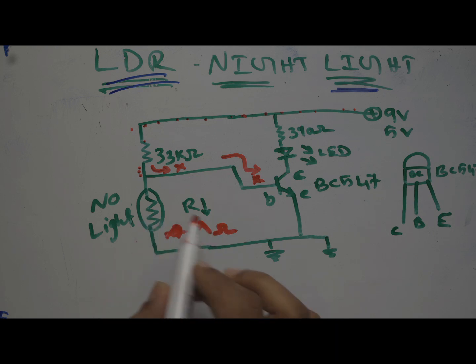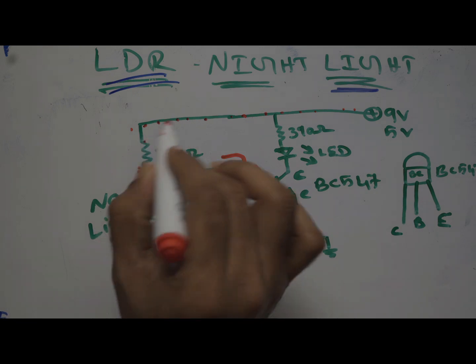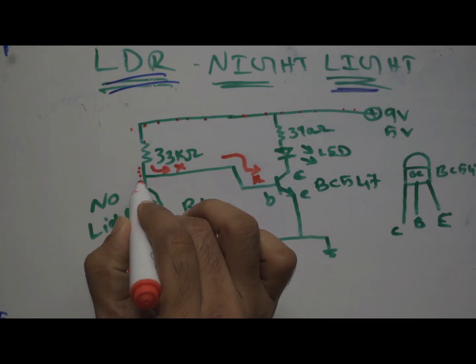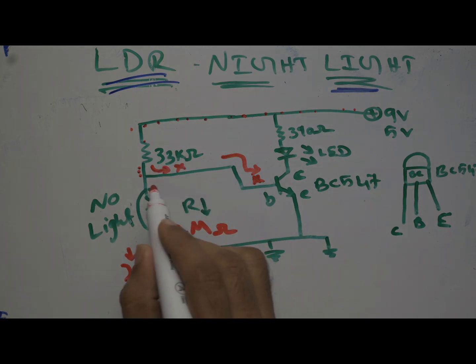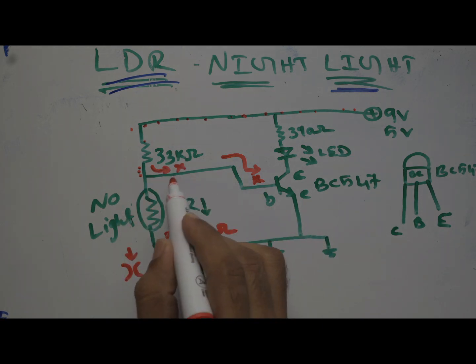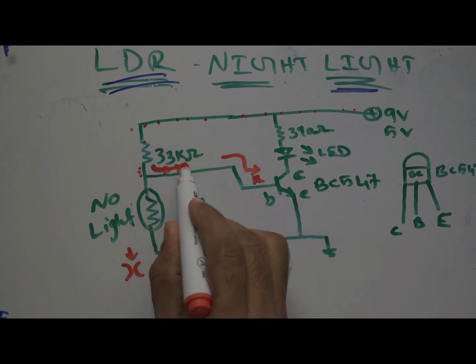So the resistance is too high, or the pathway will be too narrow for the voltage to flow in. So when the pathway is too narrow, the voltage comes in all the way here, and then there is no path for it to go in. So it will take the least resistive path. Now the least resistive path is through the base emitter junction, so the voltage will flow here.